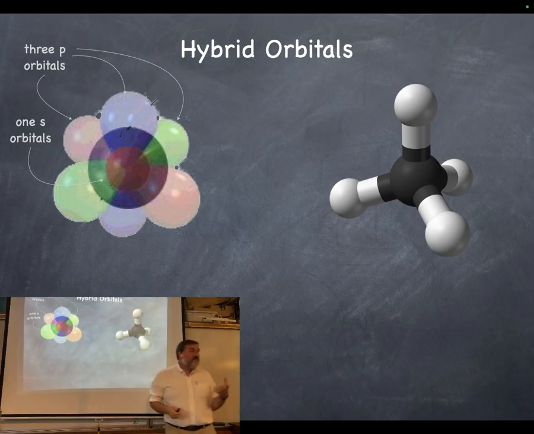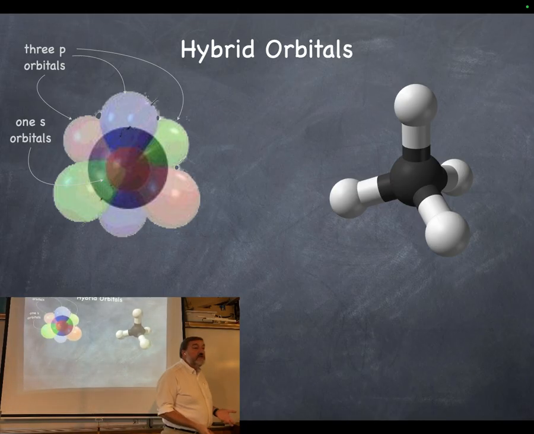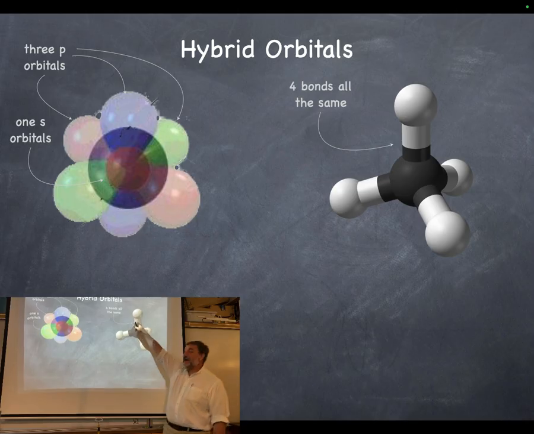Well, if you combine those 3 p orbitals with their positive and negative parts and the s orbital, you can generate 4 new orbitals that are all equivalent. You get 4 orbitals around the carbon that are all the same.